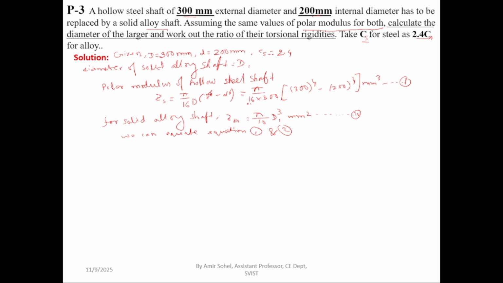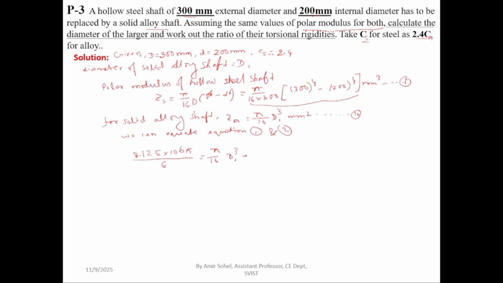If we simplify these terms, we can directly write it as 8.125 into 10 to the power 6 pi divided by 6 is equal to pi by 16 D1 cube.